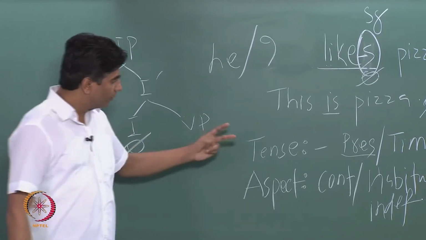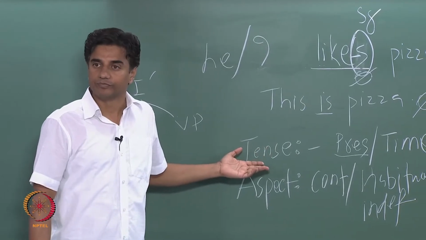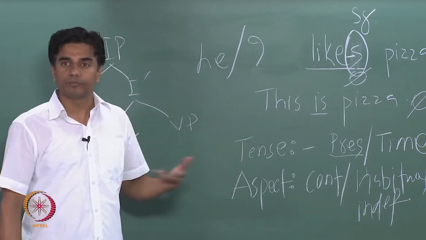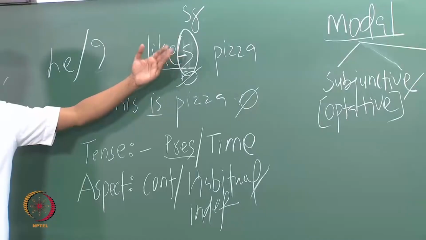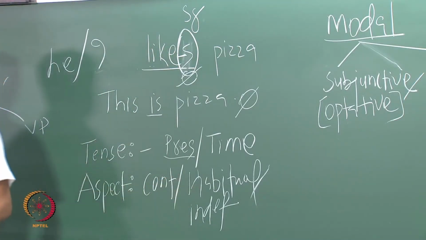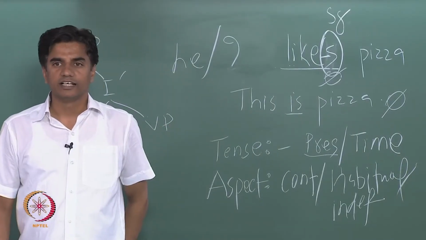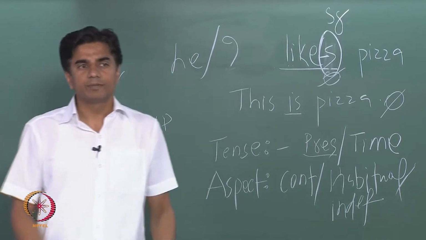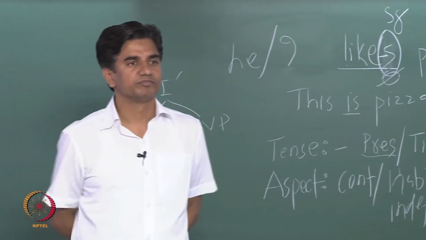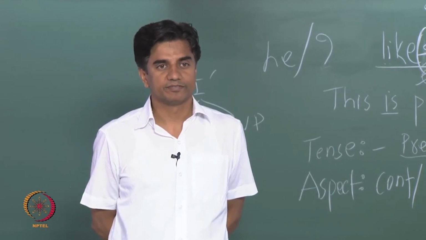Number two, when we have sentences with tense, tense alone is not enough. What other information we get from the verb besides its timing is also things like continuous, habitual, or perfected. Somebody said, I have been eating pizza. Is this present tense or past tense? Present tense.